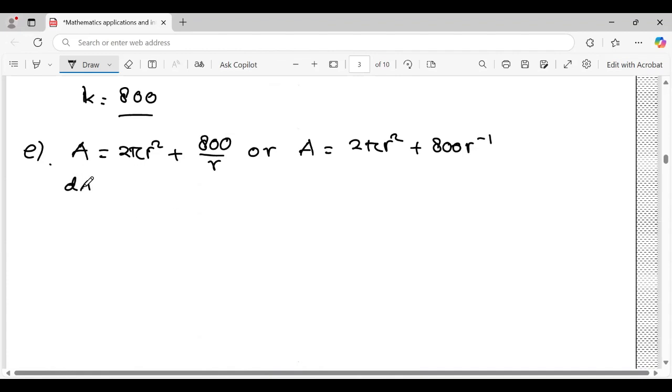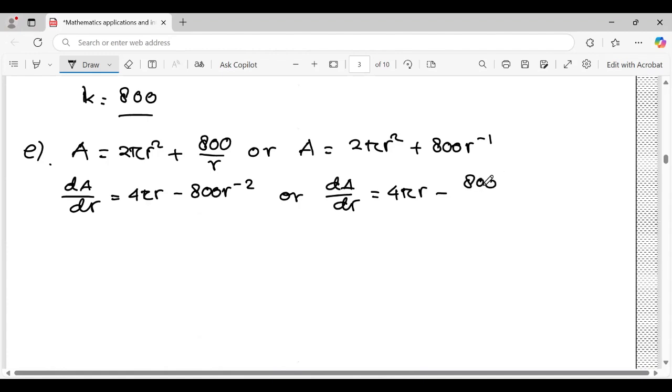The dA/dR equals 4 pi R minus 800 R to the power minus 2, or dA/dR equals 4 pi R minus 800 over R squared.